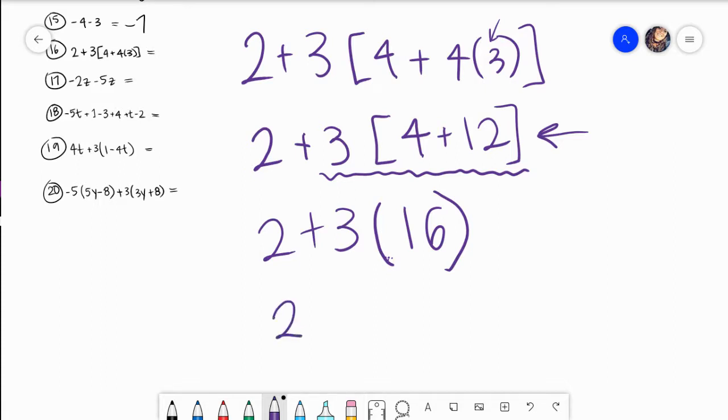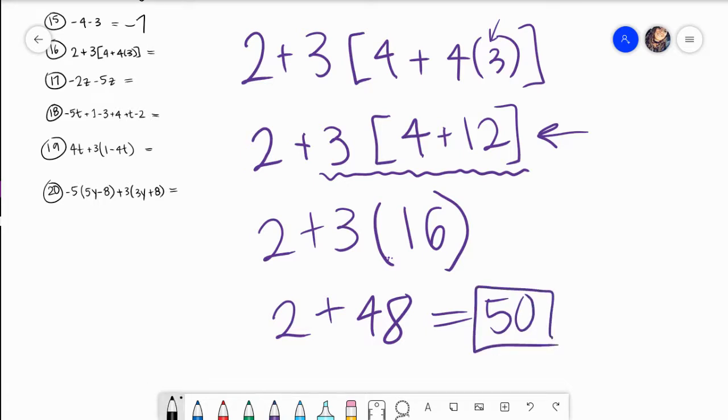I do 2, haven't messed with, plus 3 times 16, that would be 30, and then 3, that's 30, 6 and 3 is 18, so it'd be 48. Sorry. And then here, what I have is just addition. It's my ant, right? I have some addition right here. And if you do 2 plus 48, you get 50. Okie dokie.